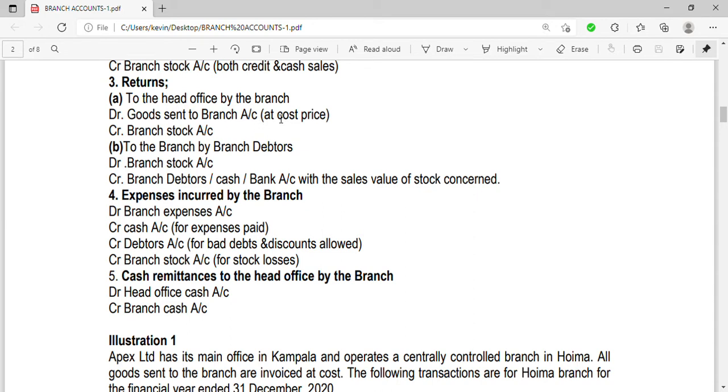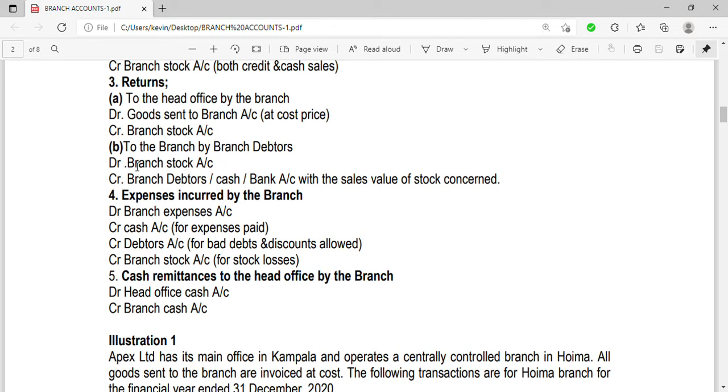You sent and then you're bringing them back. So we debit the goods sent to branch account, and then we credit the branch stock account. We said stock is an asset, it reduces by crediting. When returns are made by the branch to the head office, it means that the stock at the branch is reducing. So that is the reason why we credit the branch stock account.